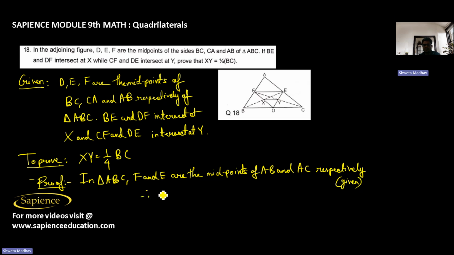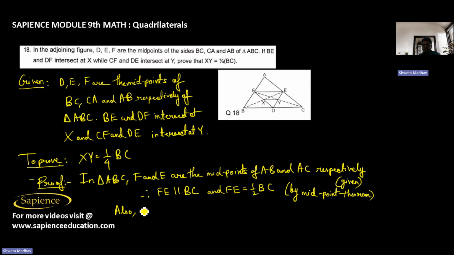So therefore, I can say that FE is parallel to BC and FE equals half of BC. This is by using the midpoint theorem.